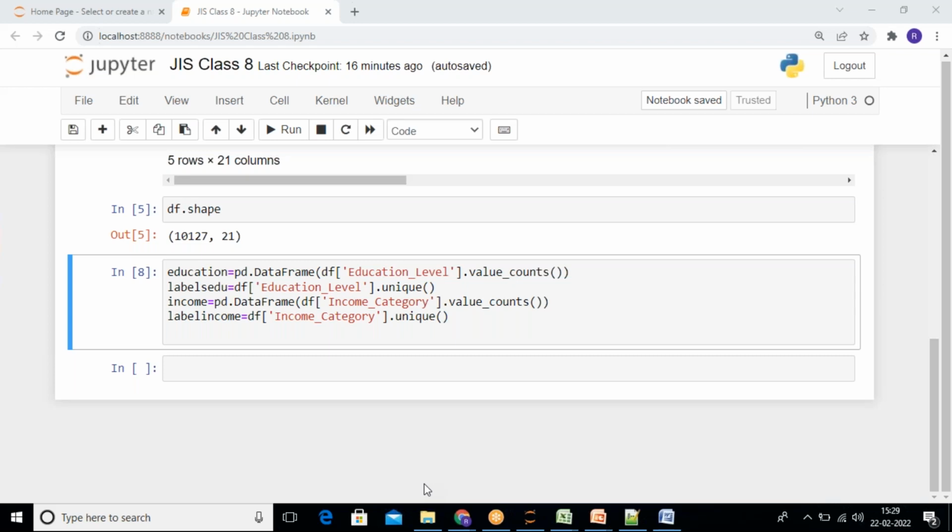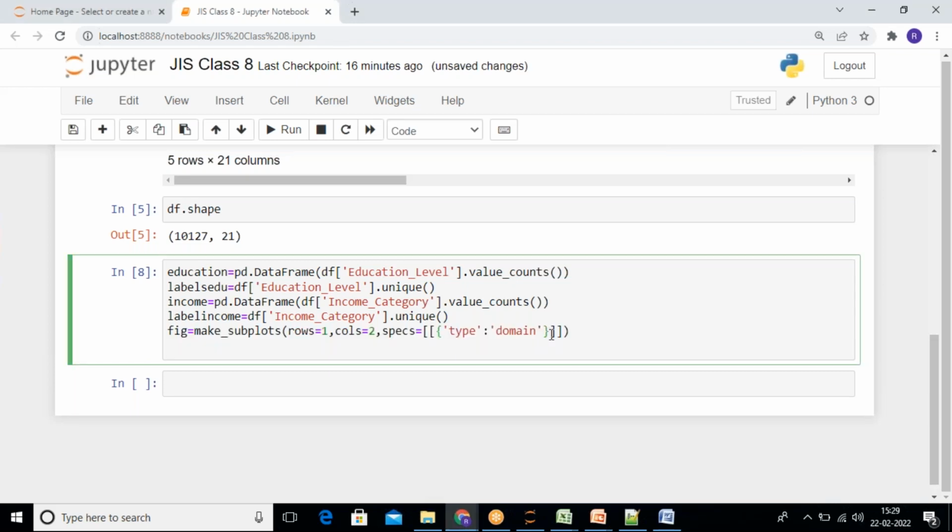again I have to take one type domain. Type domain. Okay, this is basically the thing. Rows equal to 1, columns equal to 2. Okay, 1 row and 2 columns. We are going to make the figure.